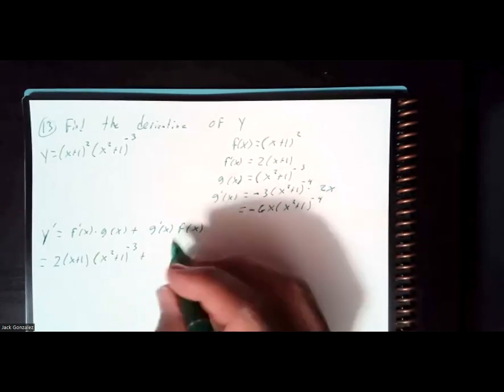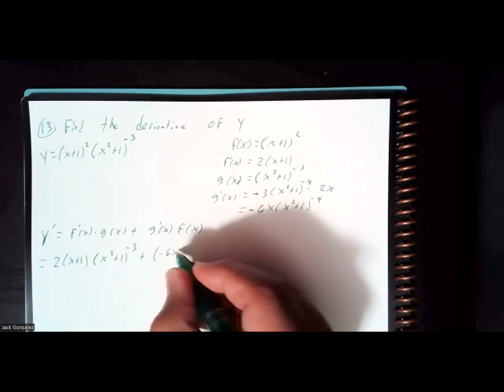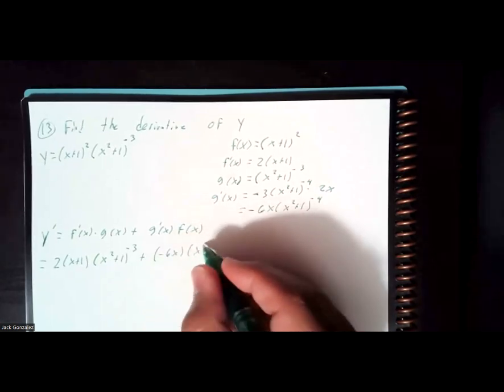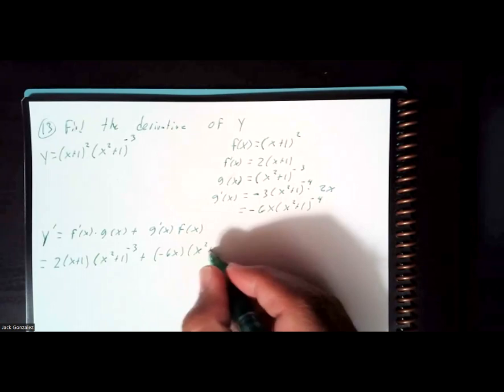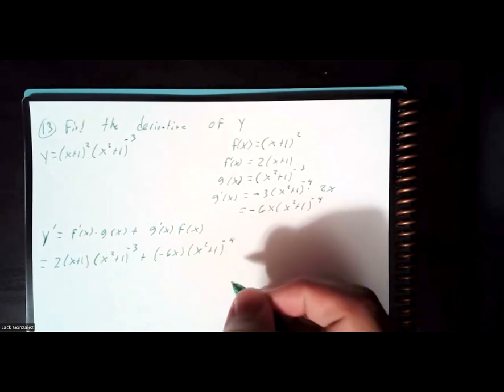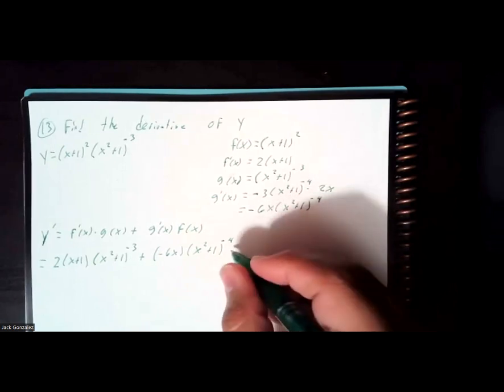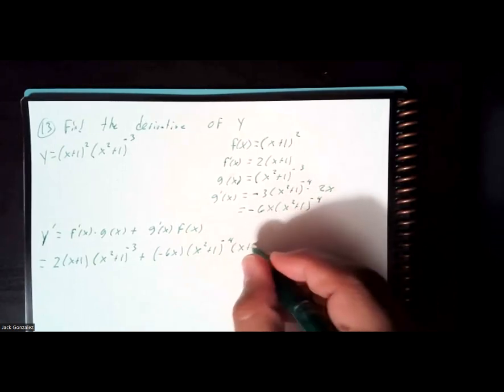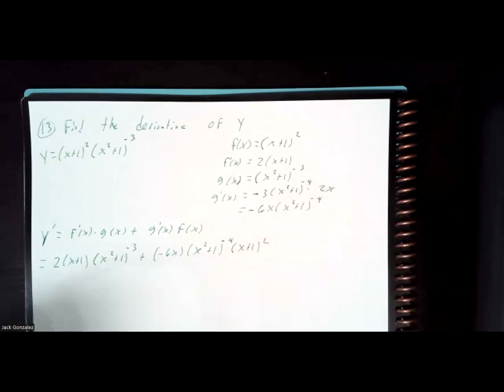So that'll be negative 6x times this garbage, times f.